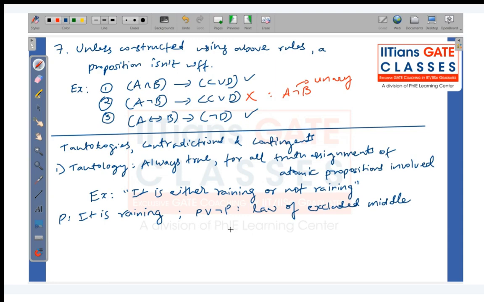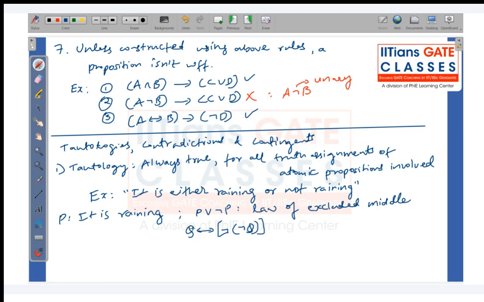What was something else that I had mentioned? The double negation, right? So we'll take negation of negation Q. So this Q and the negation of negation Q, they're equivalent, right?